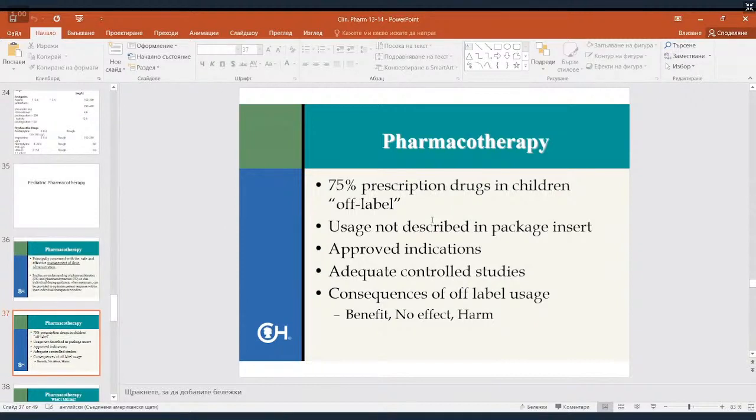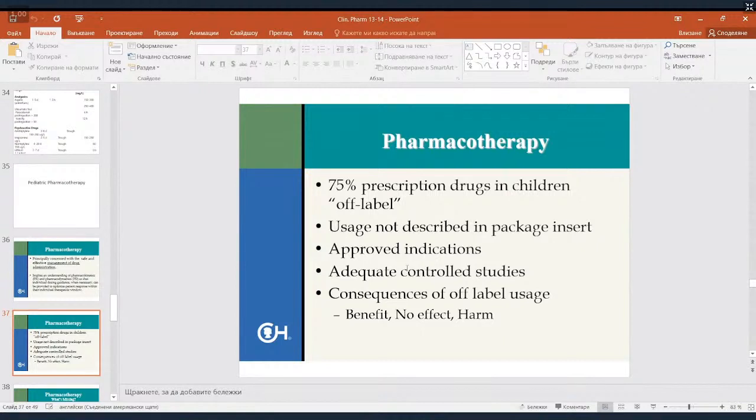In children, there is a problem with the drugs, that 75% of the prescriptions are without an official indication most of the time because of several reasons. The main reason is that it's very hard to conduct clinical trials in children.